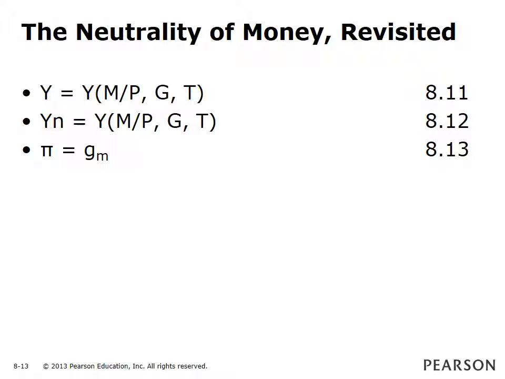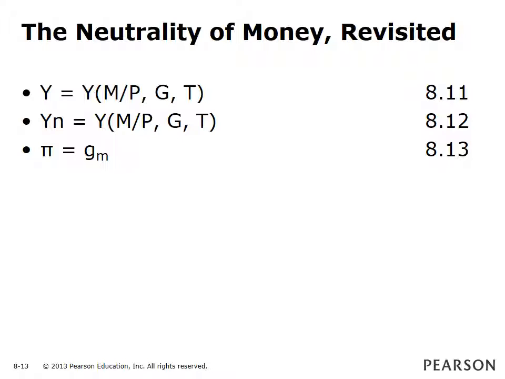Equation 8.11 restates the AD relation from Chapter 7, Equation 7.3. Equation 8.12 says that in the medium run, since actual inflation must equal expected inflation, the unemployment rate must be equal to the natural rate. So the natural rate of unemployment is independent of the growth rate of money.